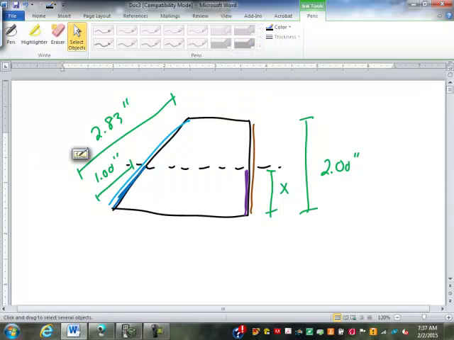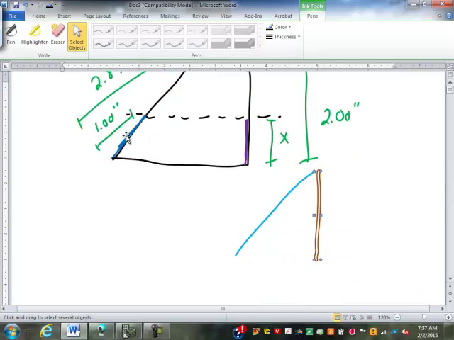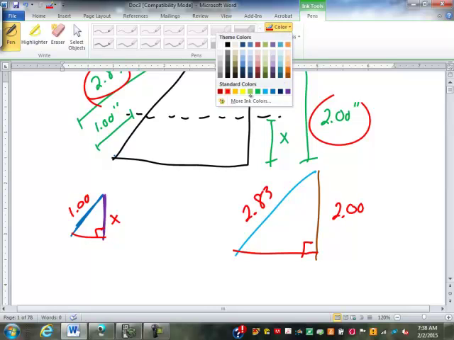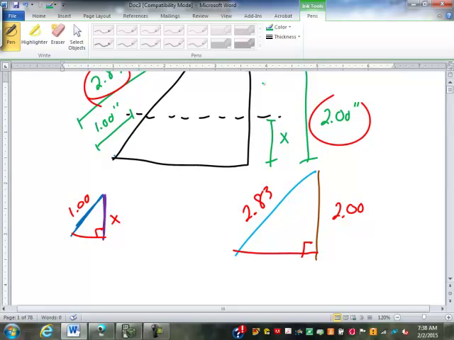If I move these pieces and put them together, I realize all it is are similar triangles. These larger dimensions are part of the triangle that's an enlargement of the triangle created by the smaller dimensions. And once I have it pulled out and set up like that, the ratio proportion is simpler to do.